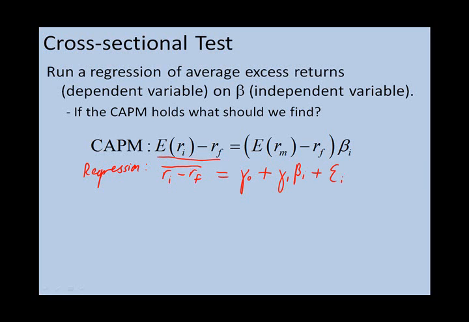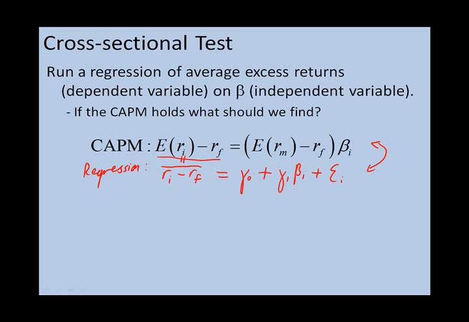What does the CAPM imply about the coefficients for gamma 0 and gamma 1? To see what the CAPM predicts the coefficients should be, we've got to try and match up these two equations, the CAPM equation and our regression equation. First of all, we can see that the expected excess returns are matched up with our average excess returns, so these two things are approximately the same.